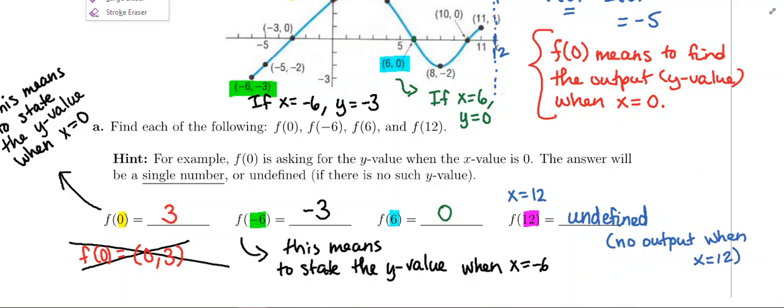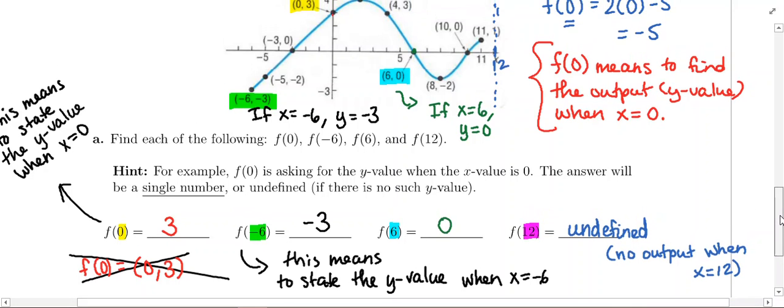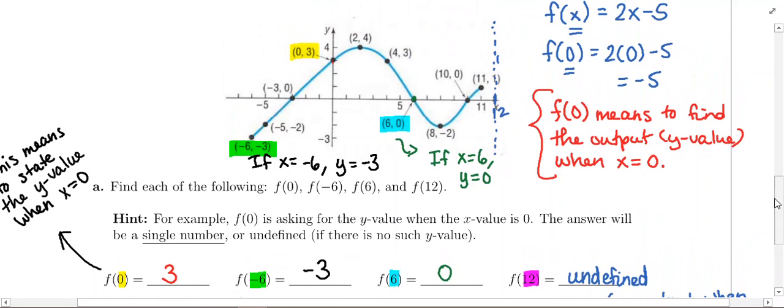And that is it. Again, if you see f of some number, that number inside parentheses is your x value. You need to find the corresponding point on the graph for that particular x value, and the answer will be the y value only, not the ordered pair.